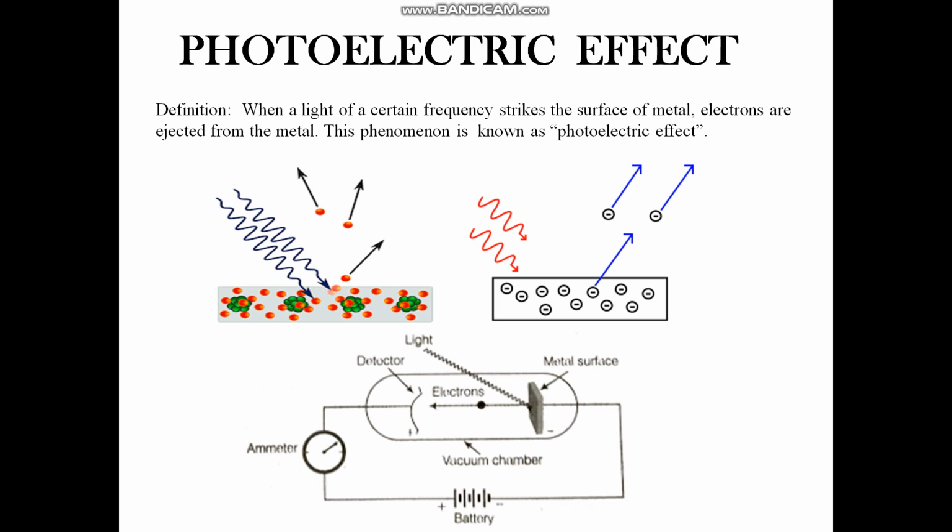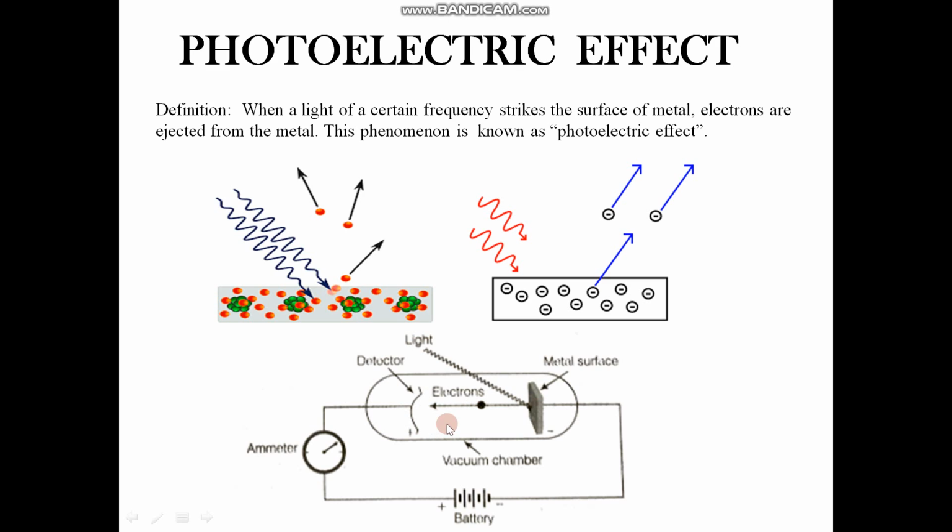So this is the representation of the photoelectric effect. This is a metal surface. When light strikes the metal surface, there is ejection of electrons, and these ejected electrons are detected by the detector.